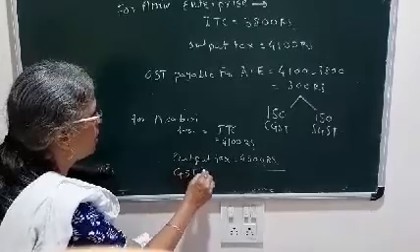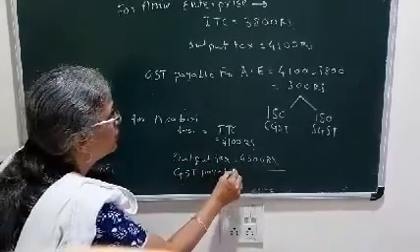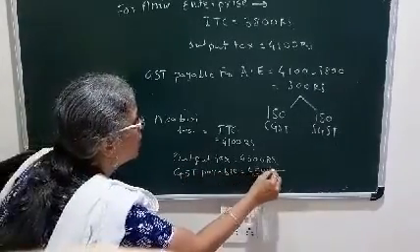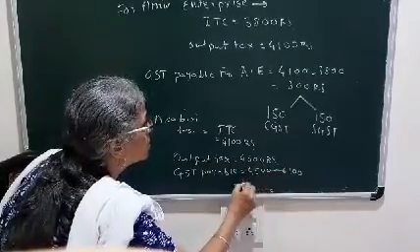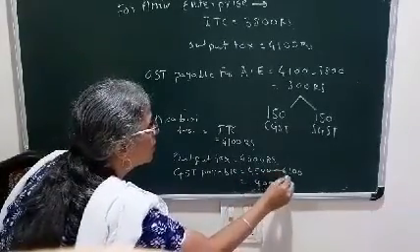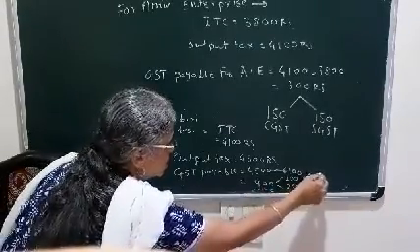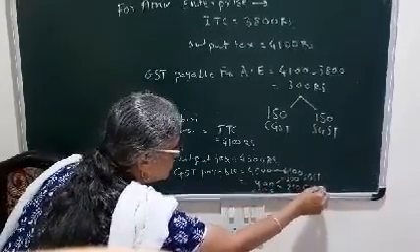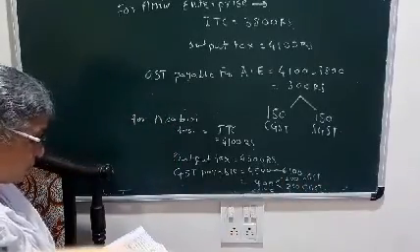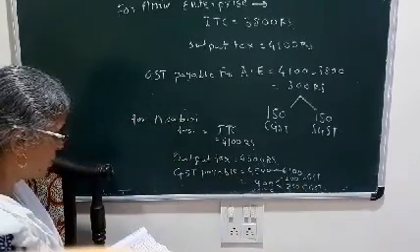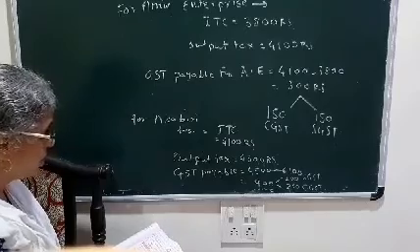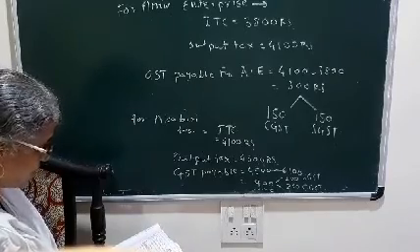Therefore GST payable will be 4500 minus 4100, that is 400, and it can be divided as 200 SGST and CGST. Followed? So that is how we will have the calculations for Amir Enterprises as well as Akbari Brothers.